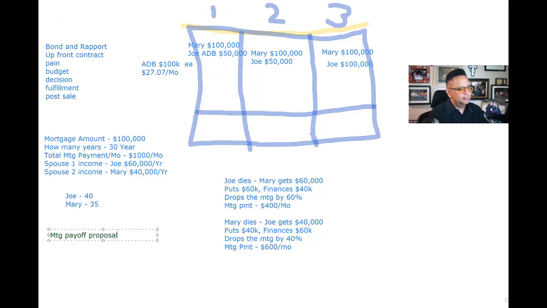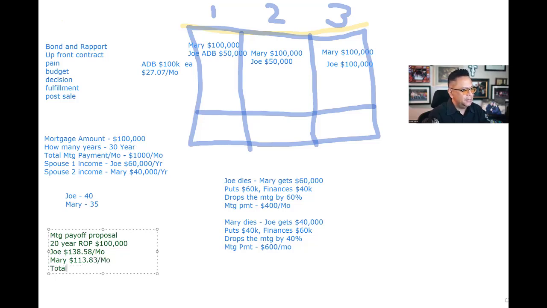proposal. Okay. So we cover a 20-year return of premium for 100,000. Okay, we got Joe is 138.58 per month. Mary is 113.83 per month.